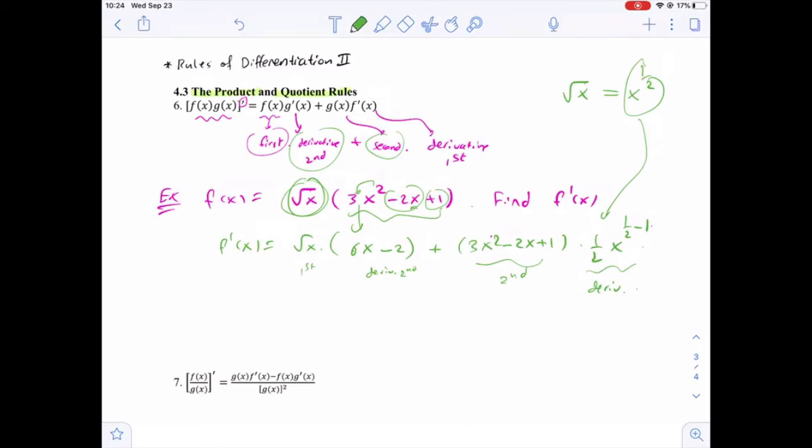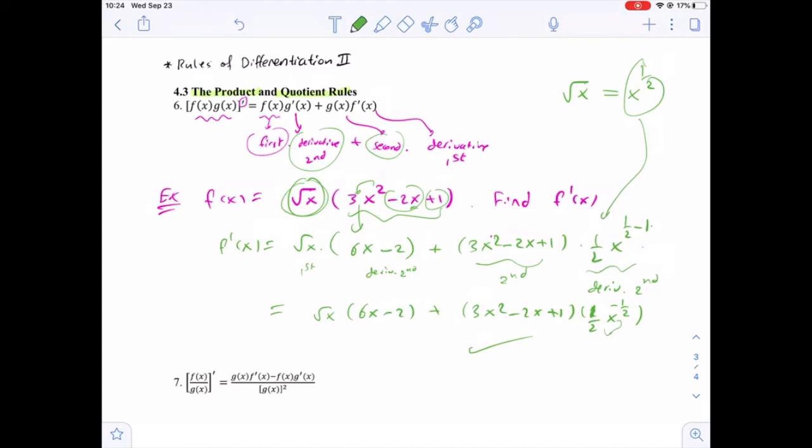So we get square root x times 6x minus 2, plus 3x squared minus 2x plus 1 multiplied by 1/2 x to the power negative 1/2. You can simplify more, you can bring this down here, but this is just for the purposes of applying the rule.